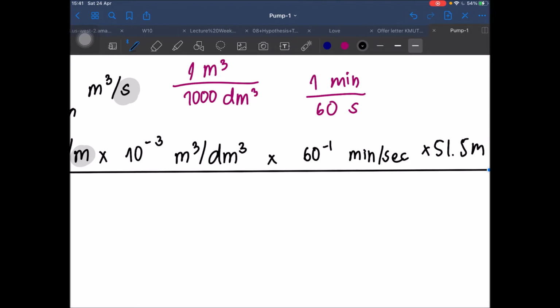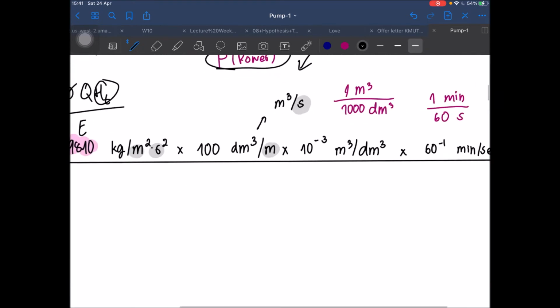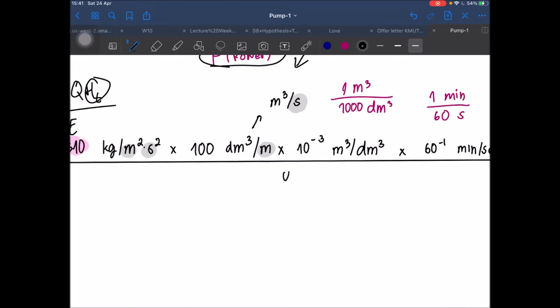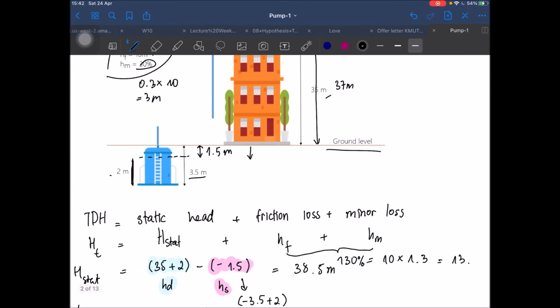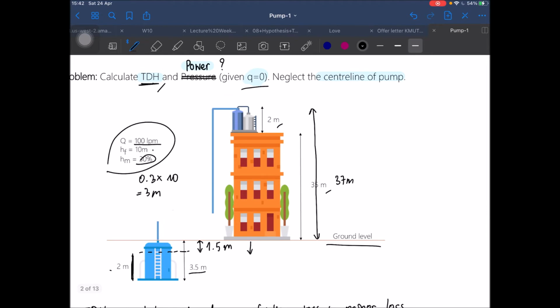And where is this from? It's HT. And the overall thing is the efficiency. Oh, I forgot to tell you. The efficiency is, why did I forget so many things? Efficiency is from this one, there will be some variable in here. Efficiency equals 75%.